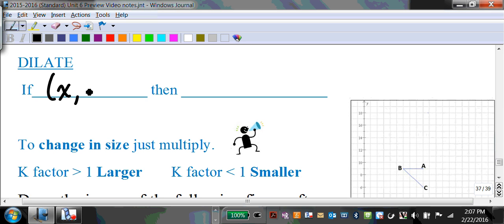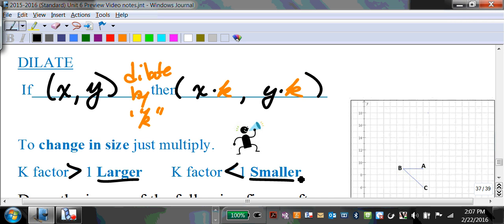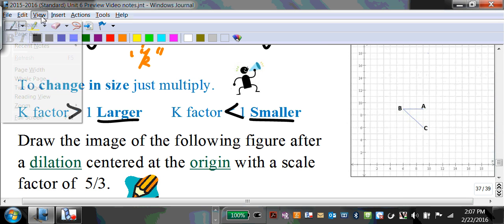So if you have x, y and you dilate by factor k, it's simply x times k, comma, y times k. And you guys already know if your k factor is bigger than 1, it gets larger, less than 1, it gets smaller. So let's go ahead and dilate this one together, and then you're going to do one on your own.